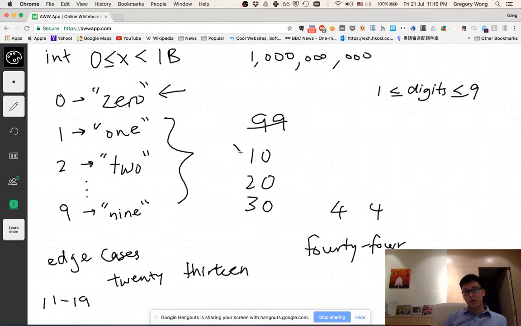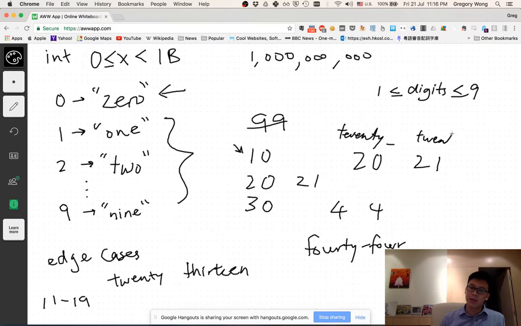If we compare 20 and 21, we're looking at 20 and then nothing here, and then 21.